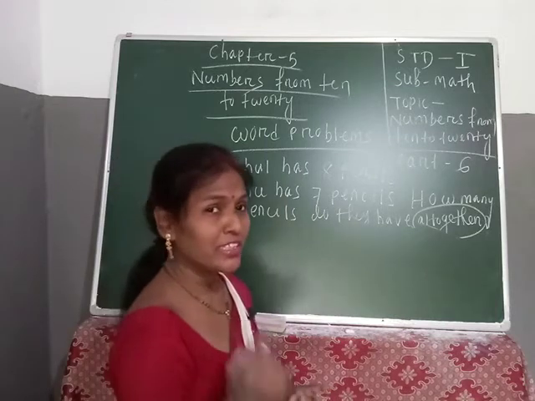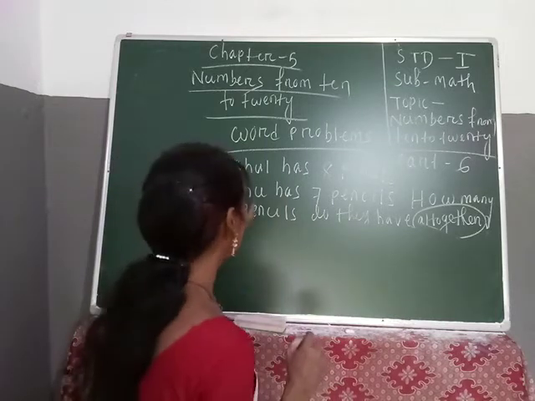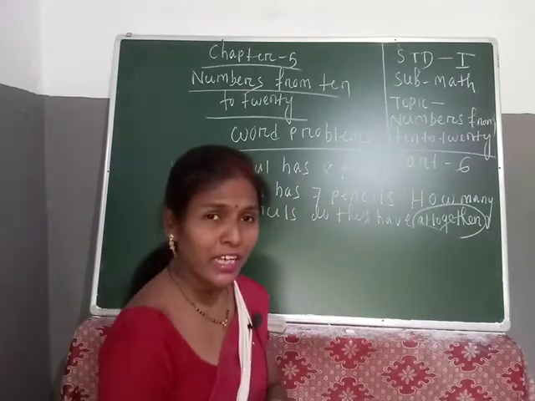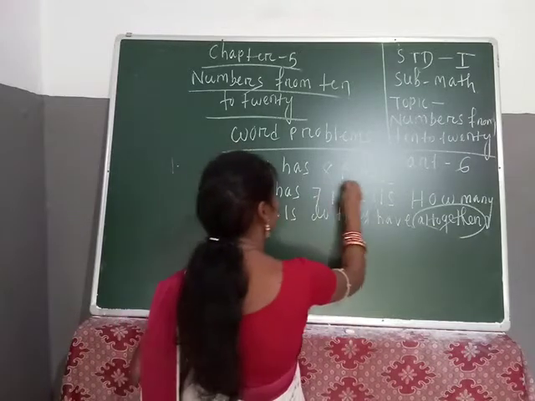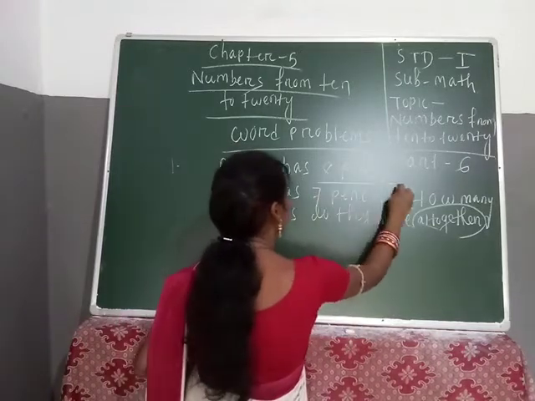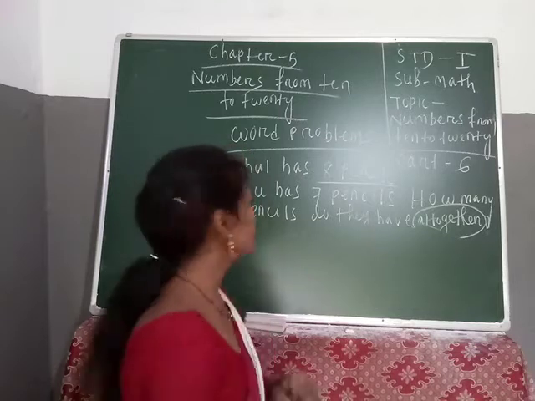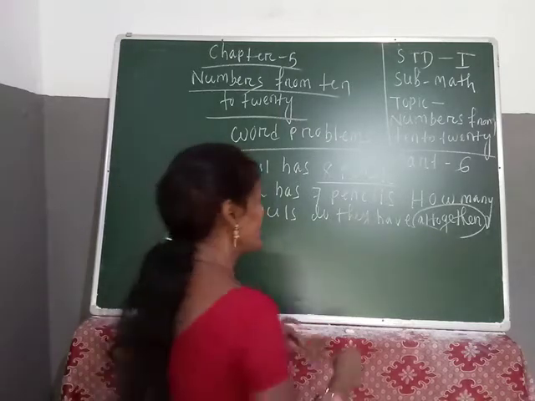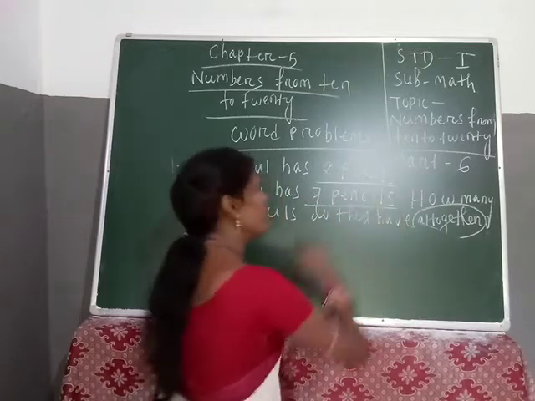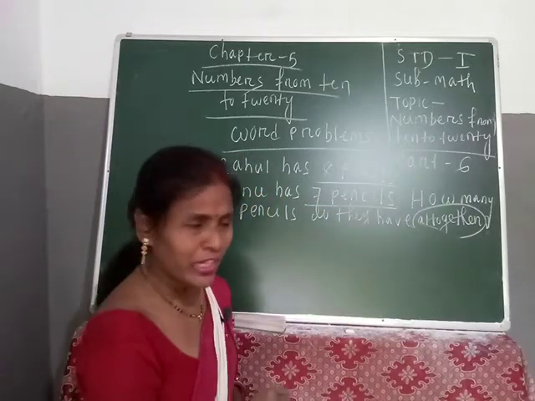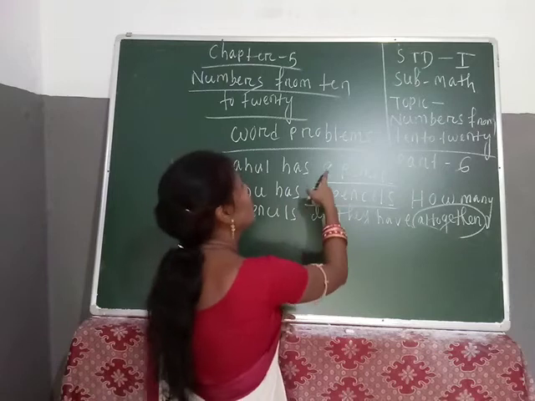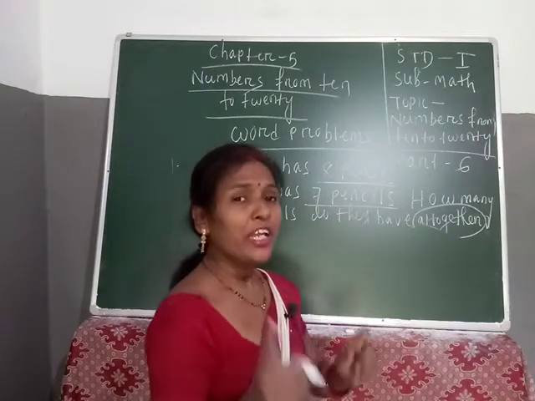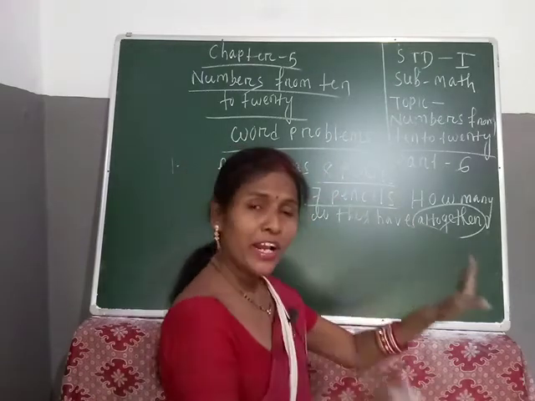Now let us see our question. Rahul has how many pencils? 8 pencils. You just put a line under that. Next, Sonu has how many pencils? That one is your 7 pencils. Always remember, whichever number is given, you have to put an underline first.